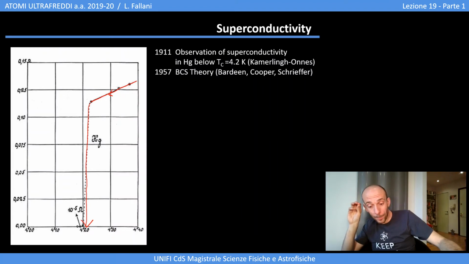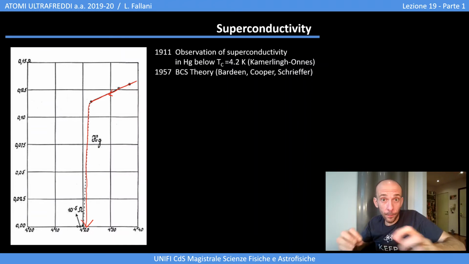And the explanation of superconductivity happened in the 1950s, and you have the famous BCS theory by Bardeen, Cooper, and Schrieffer that explained microscopically the formation of superconductor in terms of Bose-Einstein condensation of Cooper pairs.